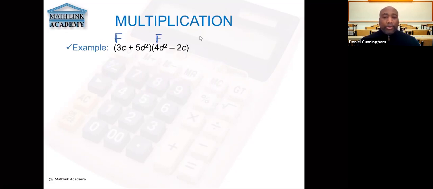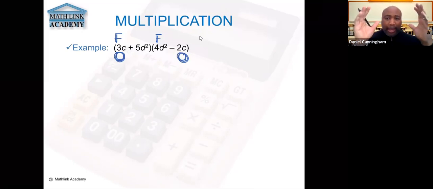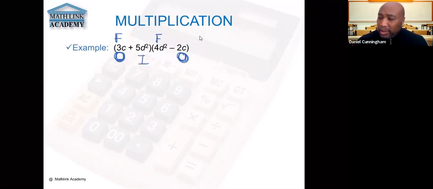Those are my first terms. So that's the first term of the first expression, and the first term of the second. Then the outer terms: that's the outside term, and here's an outside term. So those are the outer terms. Where are the inner terms? Here's inner, those two. Those are the inside terms.